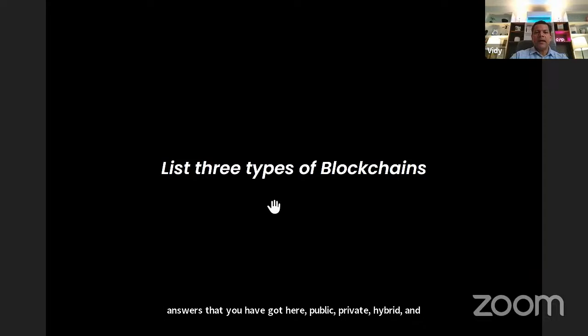Consortium blockchain, I have not covered it in the lecture, but I can explain it now. Consortium blockchain is where different companies that are part of the same business come together and build a blockchain, because they can share the common information that they need for their business operation.